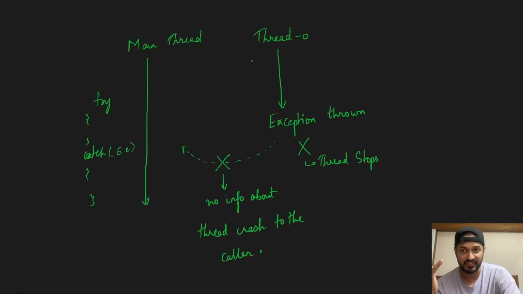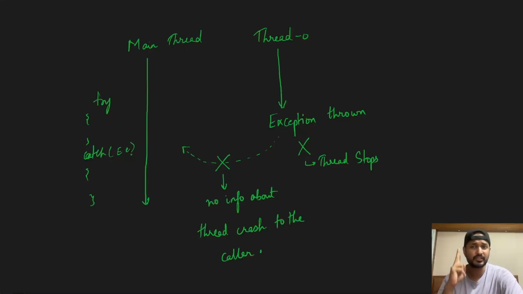So what happens here? The worker thread dies, the stack trace is printed on the console, but the caller or the main thread has no idea that the task has failed. Now this is very dangerous in real systems. Why? Because if the caller doesn't know that the task executed in one of the threads has failed, then the caller cannot retry, it cannot fall back, and it cannot even log the error properly, correct?